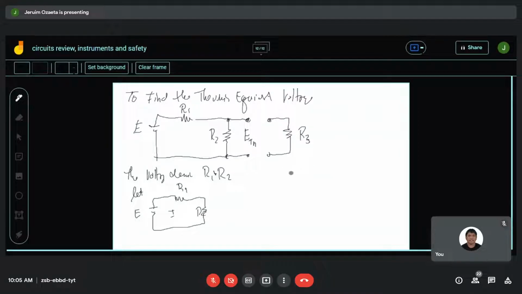So that I equals E over R sub 1 plus R sub 2. But we know that the total current from here is of course this much.